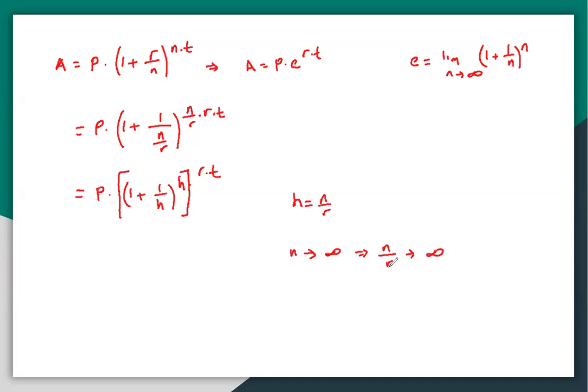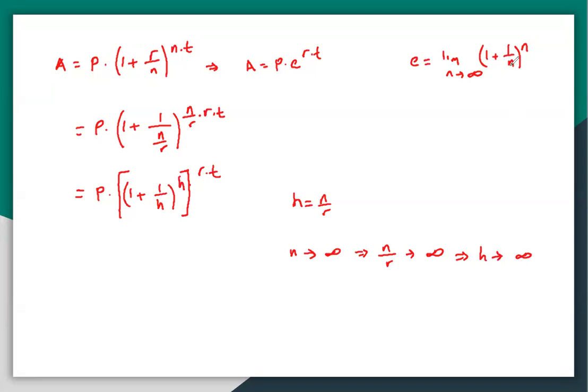Regardless of the value of R, since N goes to infinity, this fraction goes to infinity as well, which is what we want. So N over R, which was H, is approaching infinity. So I'll say H is approaching infinity.